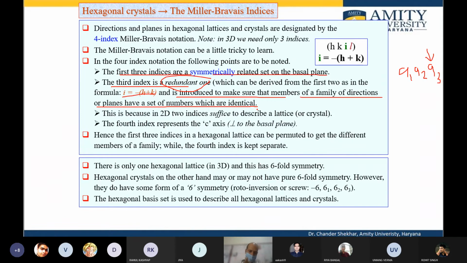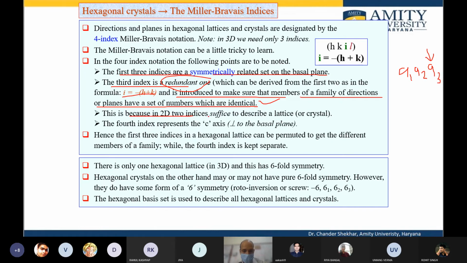Because the same planes in any crystal lattice will have the same Miller indices, but in hexagonal that was not the case. So to remove this ambiguity, a fourth index is introduced, so that the family of directions or planes have the same Miller-Bravais indices, and all the indices are identical for all the planes and directions.